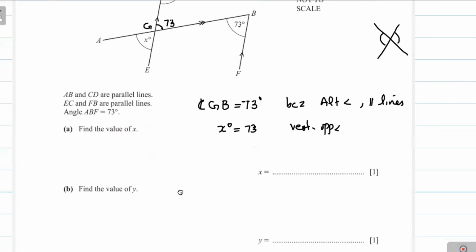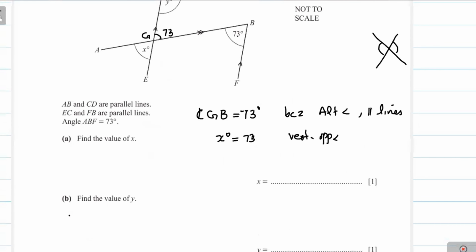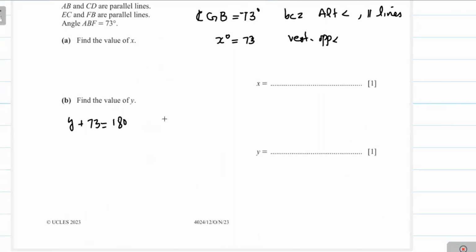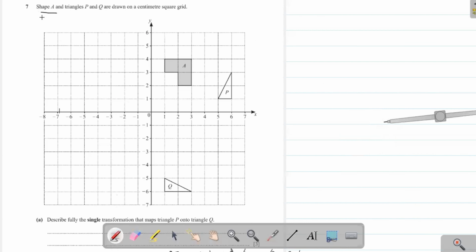We write here y degrees plus 73 degrees equals 180, and we write the property here, sum of interior angles of parallel lines. And this value will be equal to 180 minus 73, that's equal to 107. We write here 107. This is the answer.